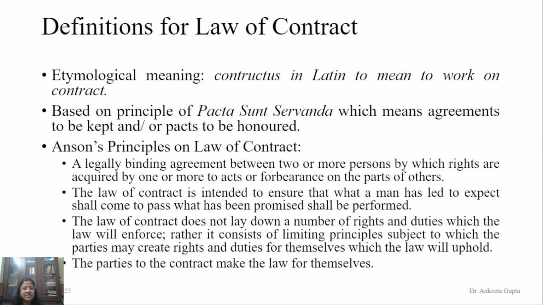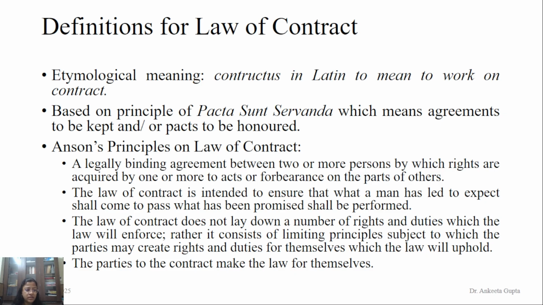The law of contract is intended to ensure that what a man has led others to expect shall come to pass, and what has been promised shall be performed. So, if even orally I have given you an indication that I am not going to attack your ship when it enters my water space, I am going to have to abide by it, even if it is not written.